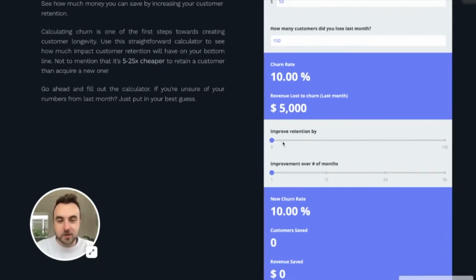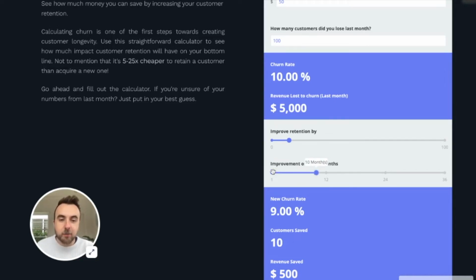But what I really want to show you here is what impact you can make by improving by, let's say, 10%. So if we were to improve our churn rate from 10% down to 9%, we save 10 customers and we save $500 worth of revenue. And that doesn't sound too significant. We're really going from $5,000 lost to $4,500 lost.